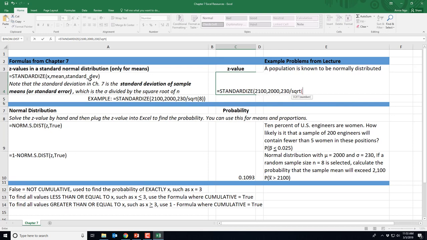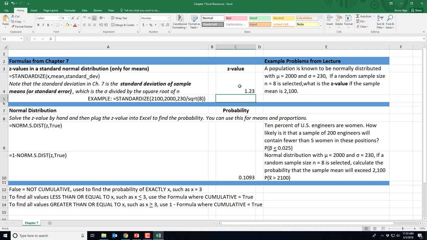Our n in this example was 8, and then we'll close out. And make sure you have enough parentheses to close out your statement. If you don't have enough parentheses, Excel might not give you an answer. So as you can see, I've put in our standard error right here, and then when I hit enter, there's my z-value of 1.23 we did by hand using the formula.